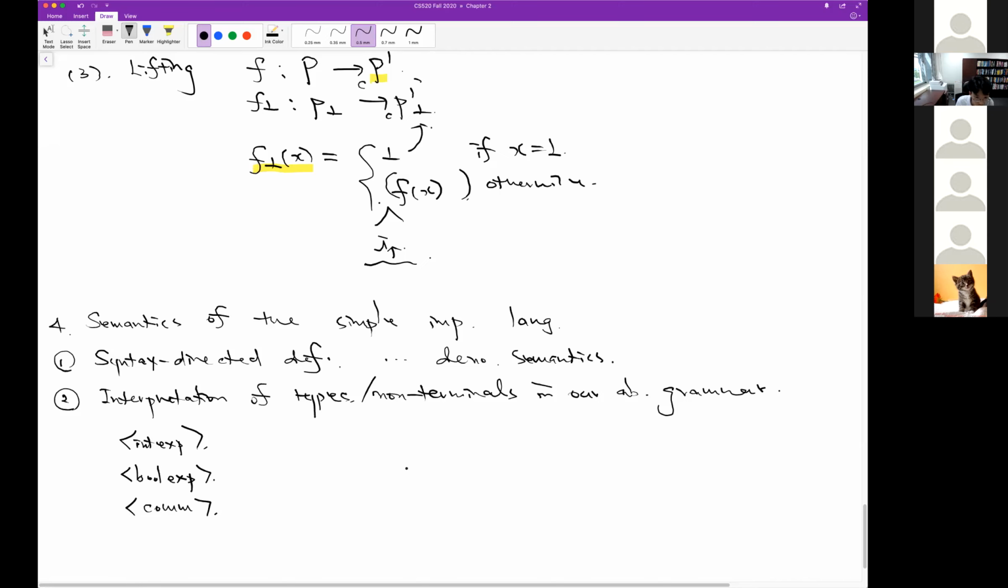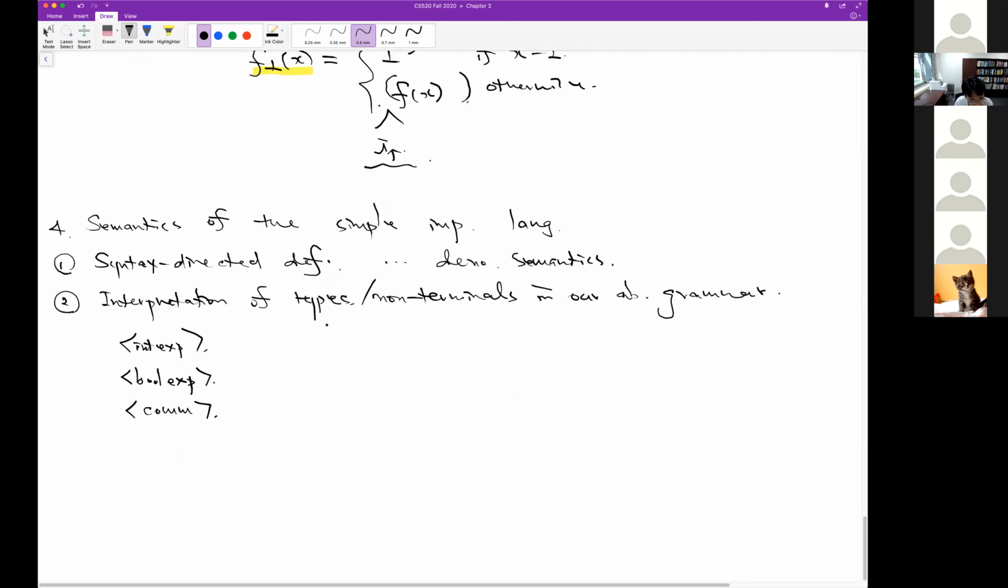Okay. So here's what we're going to do in this particular language. We're going to use interpretation functions, one for integer expressions, and, sometimes omitting this subscript, one for Boolean expressions and one for commands. These underlying subscripts will often be omitted.